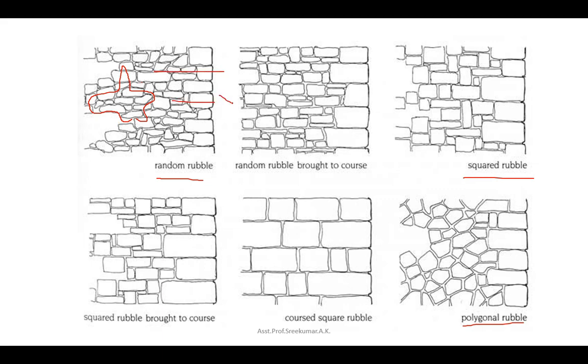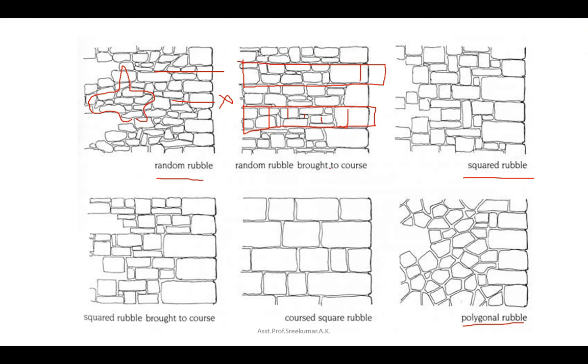Whereas in random rubble masonry built to course, we do find different courses of stones. Even though each course contains stones of different sizes, each course has uniform depth. However, different courses can be of varying depths.